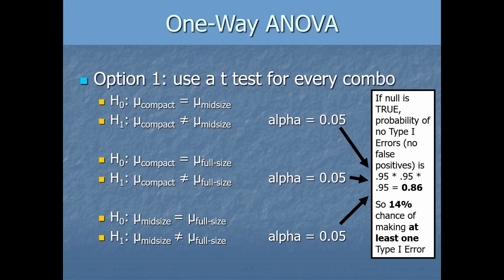But that means there's a solid 14% chance of making at least one type 1 error, at least one false positive. That's a problem, because that's happening even though we're using an alpha level of 5% chance of false positive in each individual test. But doing additional tests really adds up our risk there, doesn't it?